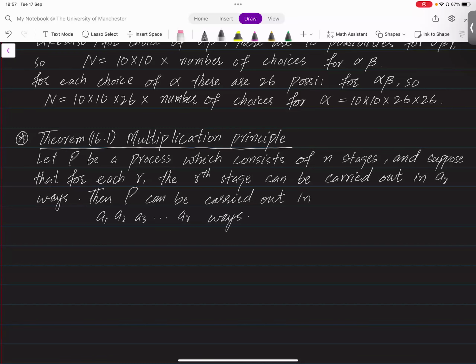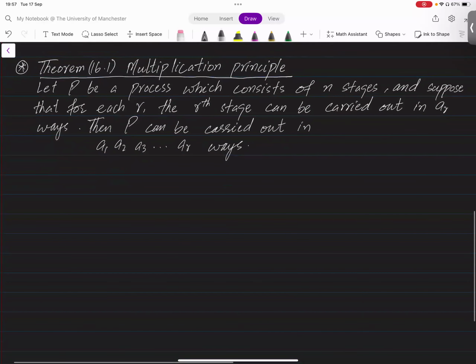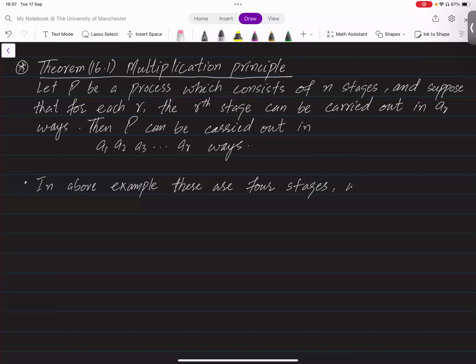So in the above example, there are 4 stages, with a1 and a2 equal to 26, a3, a4 equal to 10.